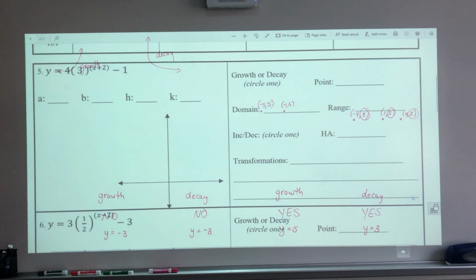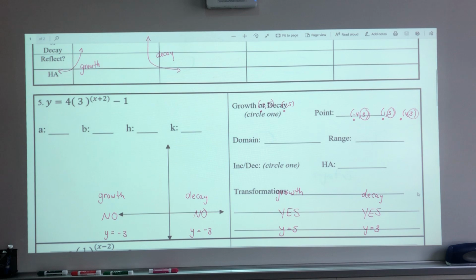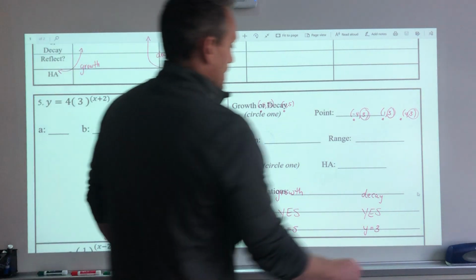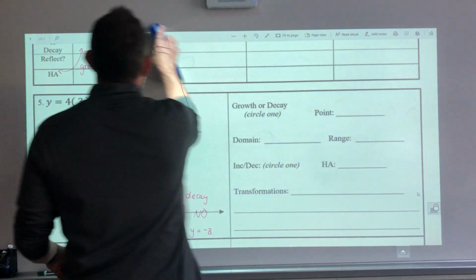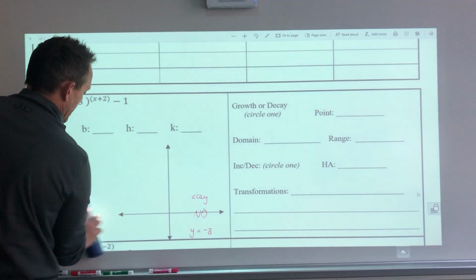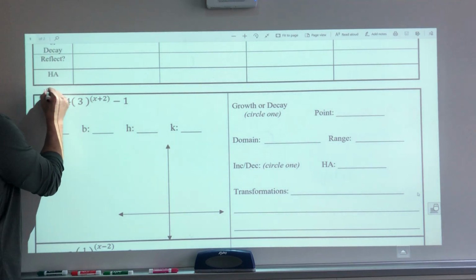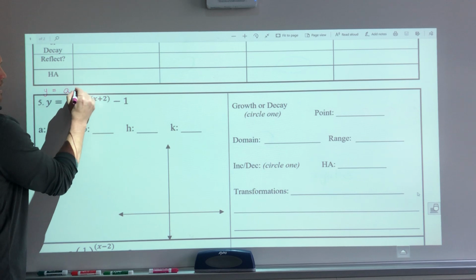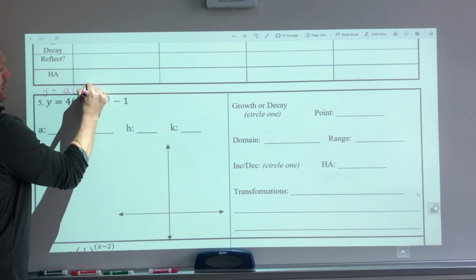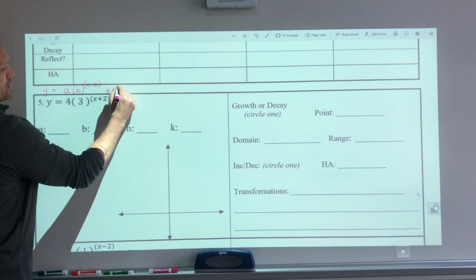Let's do an example. I do these a little bit differently than I do the logarithms, because these I can plug in values for, if you will. Our baseline function is always going to be y equal, or f of x, whatever you want to call it, a times b to the x minus h, plus k.